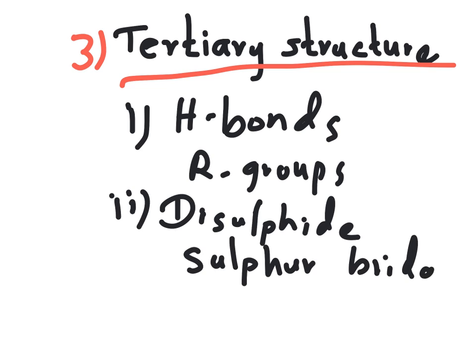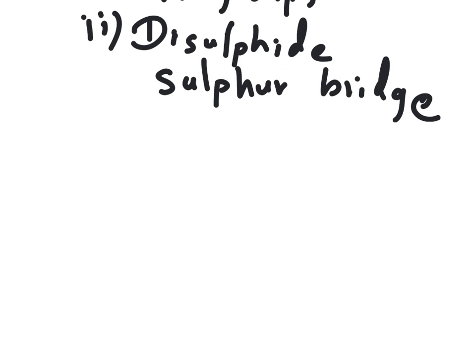This sulfur bridge is caused, let's say, in the polypeptide chain we have sulfur somewhere here and sulfur somewhere here. These 2 sulfurs can form this disulfide bond. This is a covalent bond, so it is stronger than hydrogen bonds. A hydrogen bond is just an attraction. Here we have the actual bond.